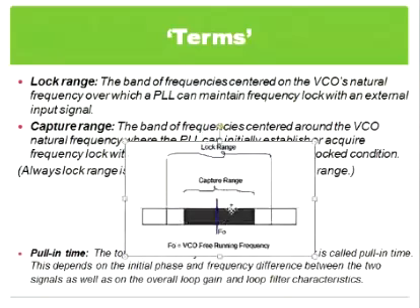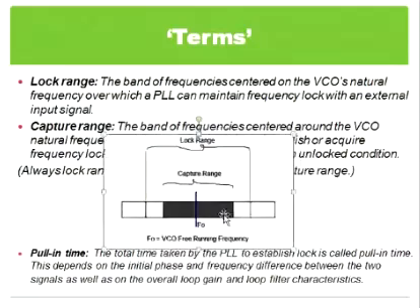If the frequency of the input signal is outside this PLL lock range, then the PLL will not be able to lock. Under these conditions, the VCO frequency jumps to its fundamental free running frequency that is defined by the resistors R1 and C1. So basically it is the range of frequency which can be locked by this particular device.